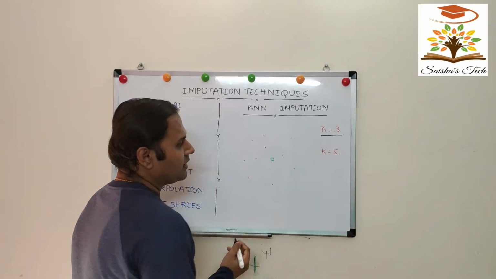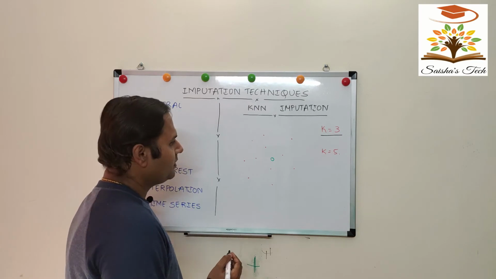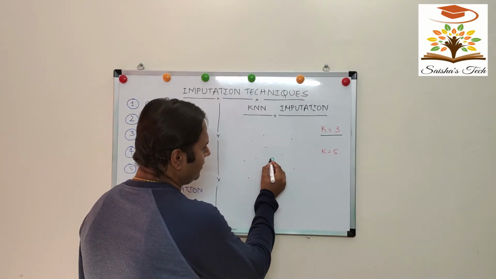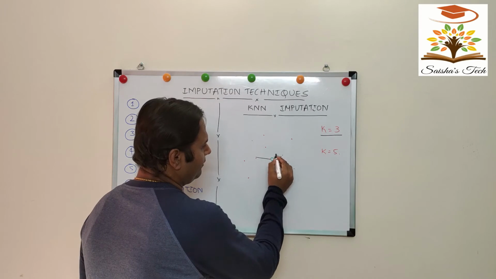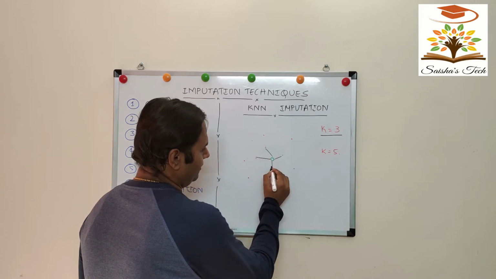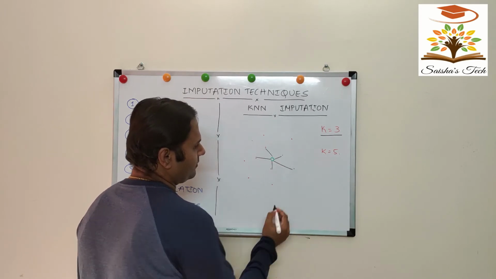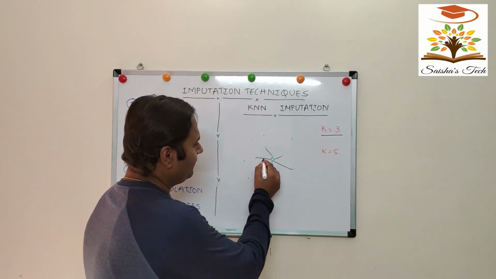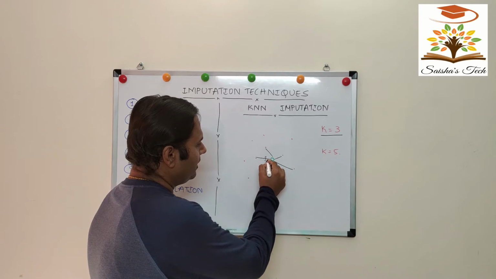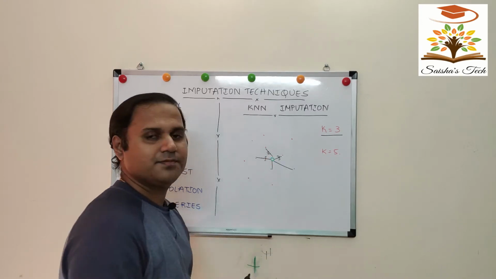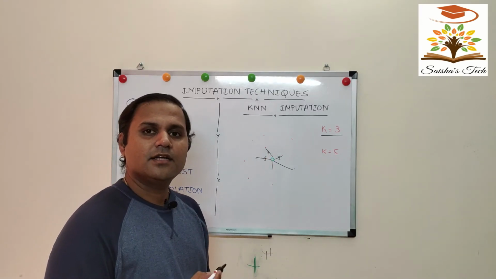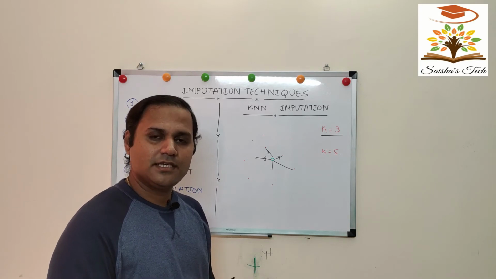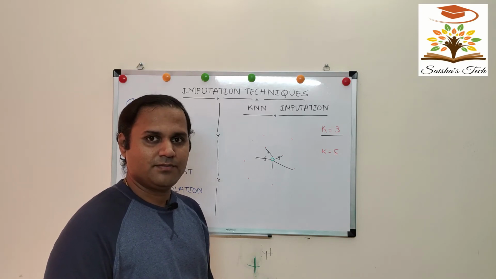If the green dot represents the missing value, we will calculate the distance of each element with this missing value. And if the K is 3, then we will identify the 3 nearest neighbors and calculate the average of these 3 nearest neighbors and impute the value.